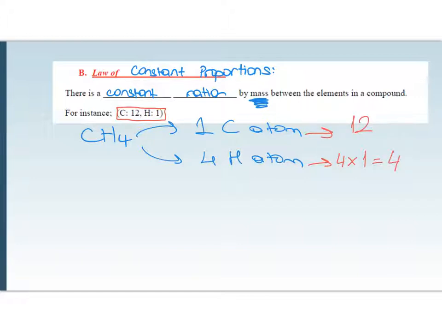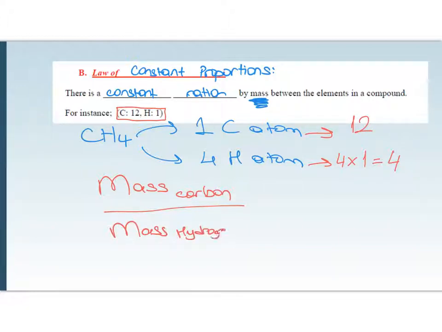So if you just like to calculate their ratio, mass of carbon over mass of hydrogen will be equal to 12 over 4, and if you simplify it, you can find it as 3 over 1. So what is the meaning of 3 over 1 here? If you just make a table of it, you have carbon here, hydrogen here, and the CH4 molecule here.